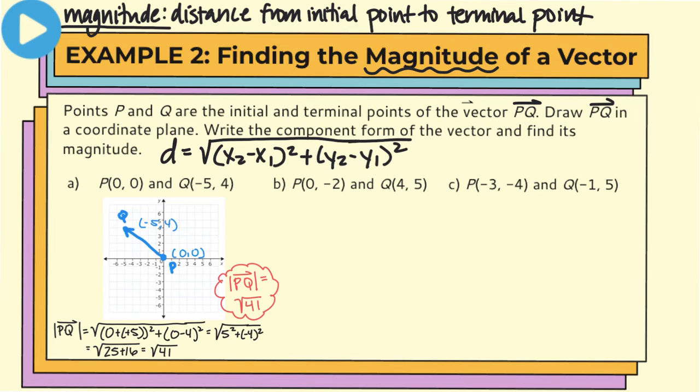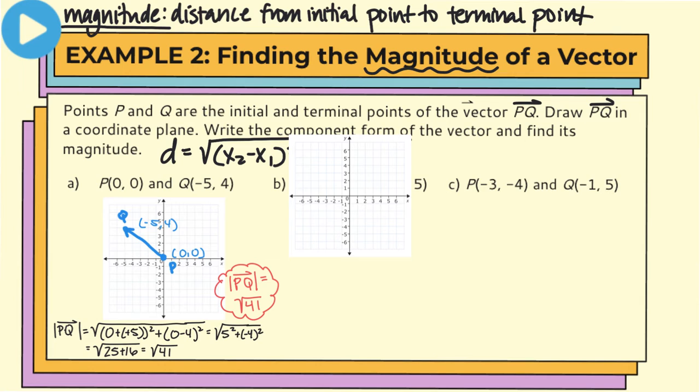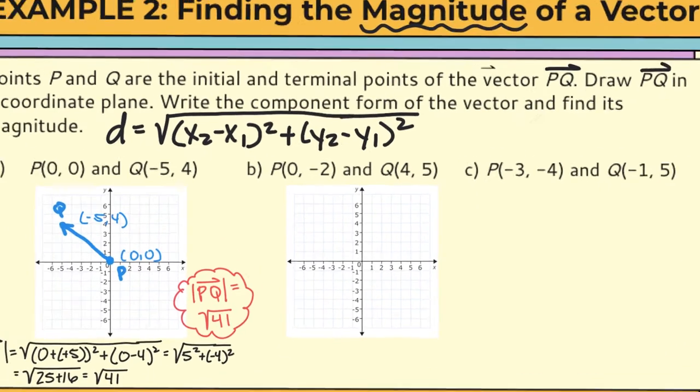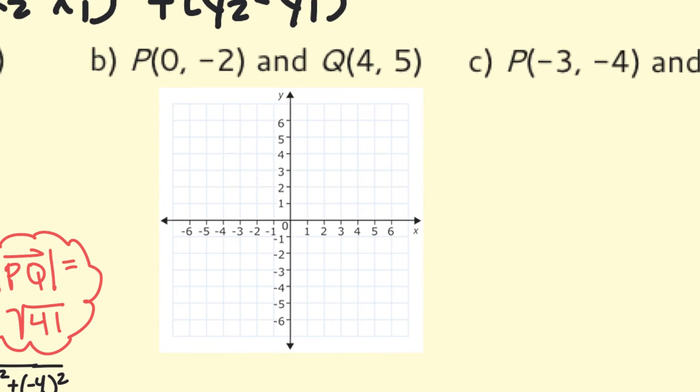So we're going to start off with the coordinate plane again. And we want to graph the initial point at 0, -2. There we go.